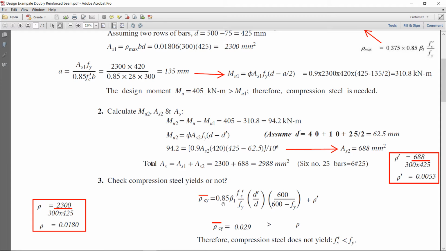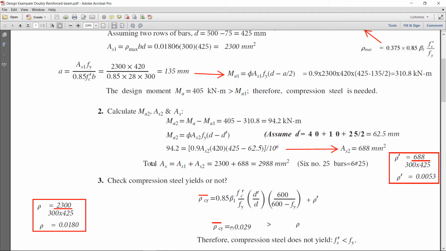Here is the formula: 0.85 beta 1 fc prime over fy, d dash over d, 600 divided by 600 minus fy, plus rho dash. Rho dash is the steel ratio of compression steel, that is 688 divided by bd. I have put in all the values. I got the answer rho cy bar equal to 0.029.